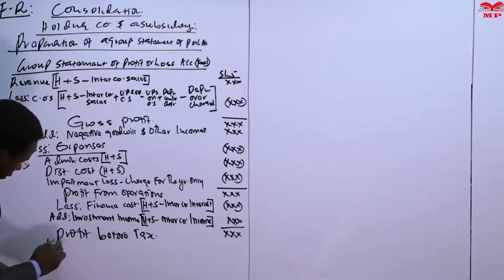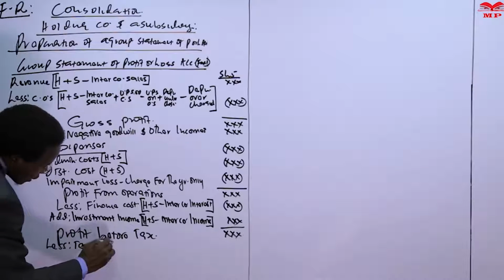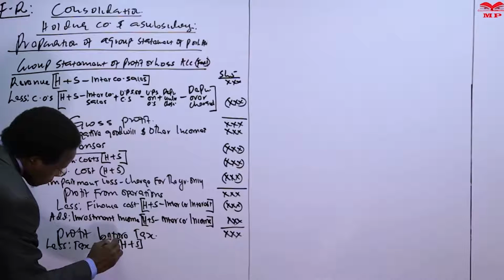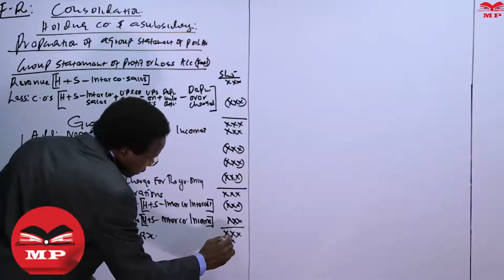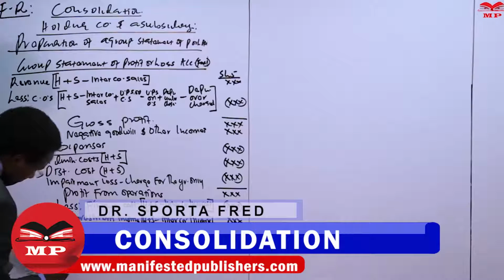You less the tax expense. Tax expenses, you take the one for the holding company plus the one for the subsidiary. You'll have the profit for the year.